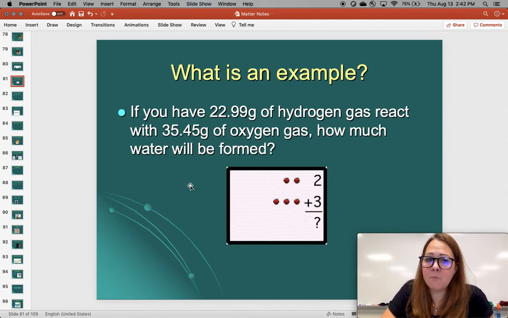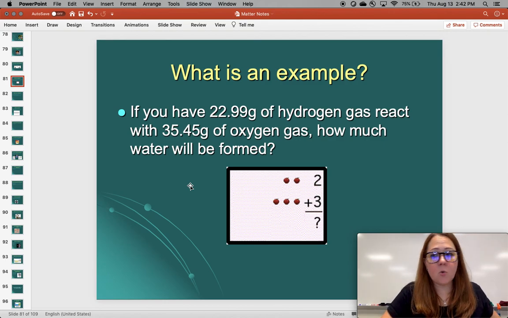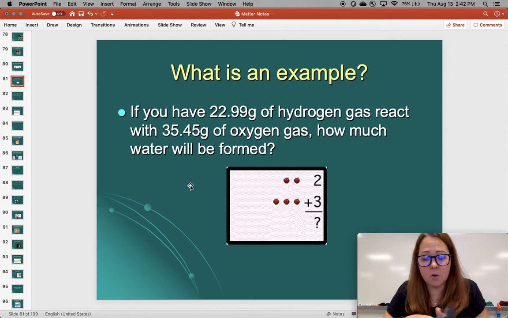So with this math problem here, it says that we have 22.99 grams of hydrogen gas reacting with 35.45 grams of oxygen. We want to know how much water will be formed. In order to do the problem, we need to figure out how much mass we're starting with.